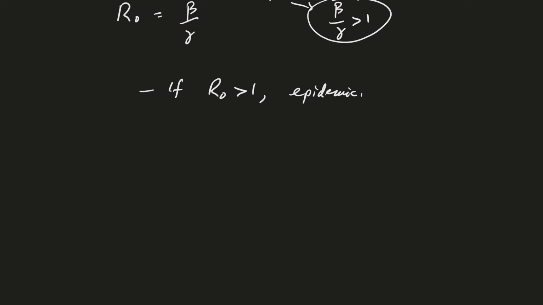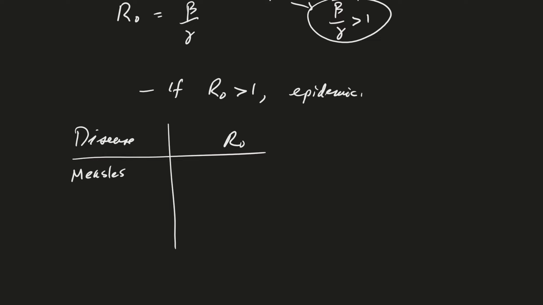Okay, and just to give you an idea of some of the values of R0, there's a bunch of these on the internet. I've written some down in your notes so you can get an idea of what we're talking about here. Something like measles is very infective. 12 to 18 is the R0, and that's one of the higher ones. Polio, which was very infectious, has an R0 of 5 to 7.